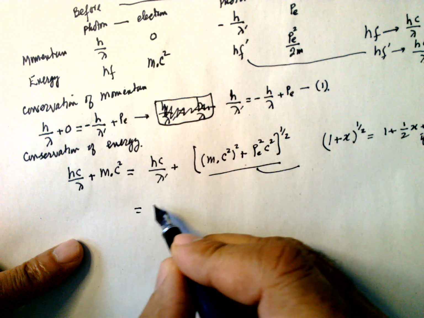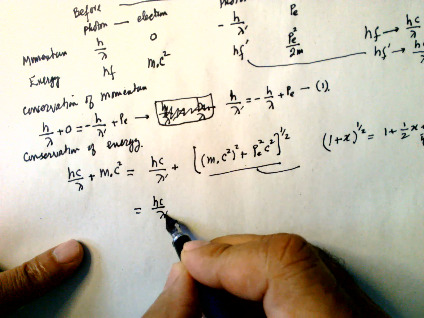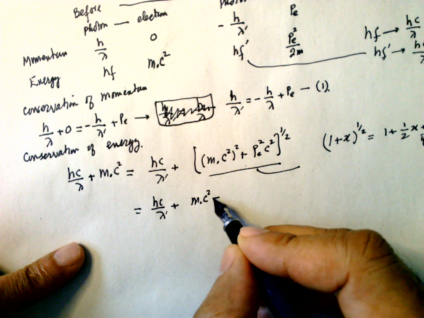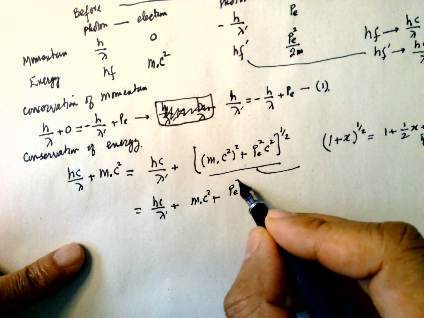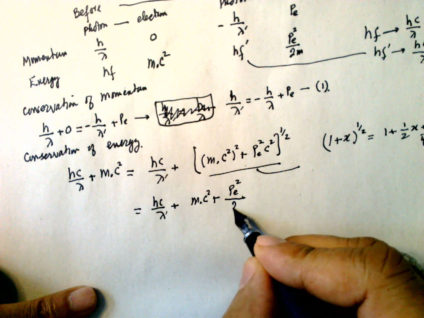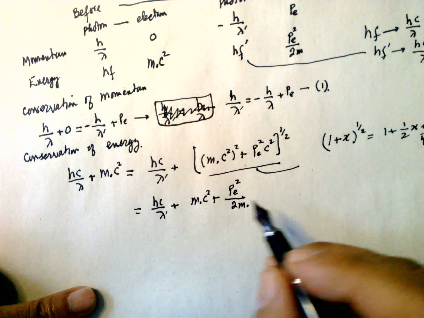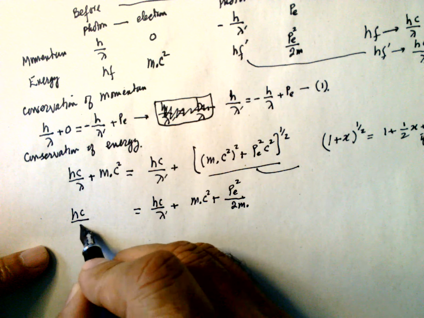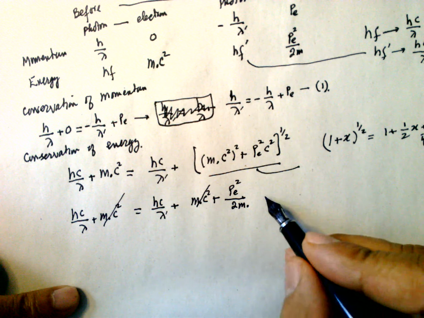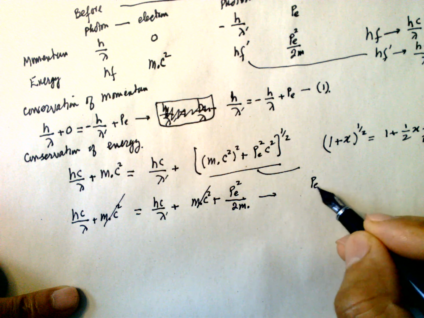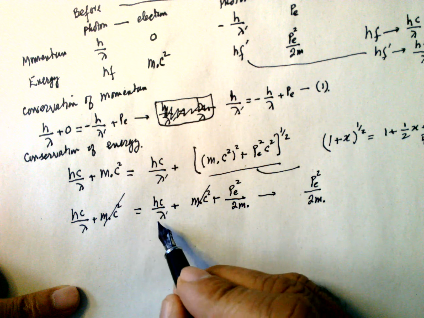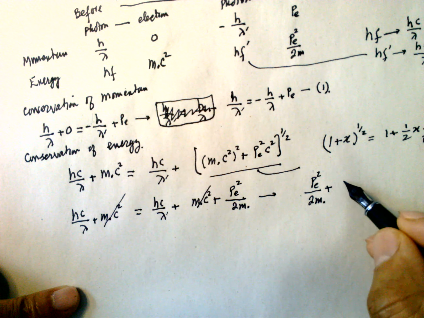So in this case, this will be equal to hc over lambda dash plus m naught c square plus pe square over 2 m naught, and this is equal to hc over lambda plus m naught c square. This cancels, so we have got pe square over 2 m naught plus this one.